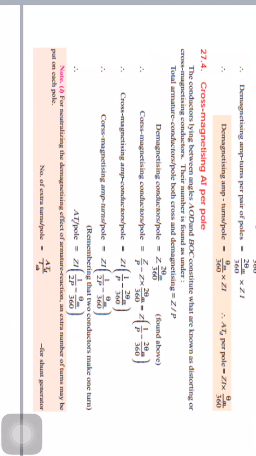Now cross magnetizing ampere turns per pole, two conductors make one turn, so Zi into 1 by 2P minus theta m by 360. So this is the formula for cross magnetizing ampere turns per pole: Zi into 1 by 2P minus theta m by 360, whereas demagnetizing ampere turns per pole is equal to theta m by 360 into Zi.